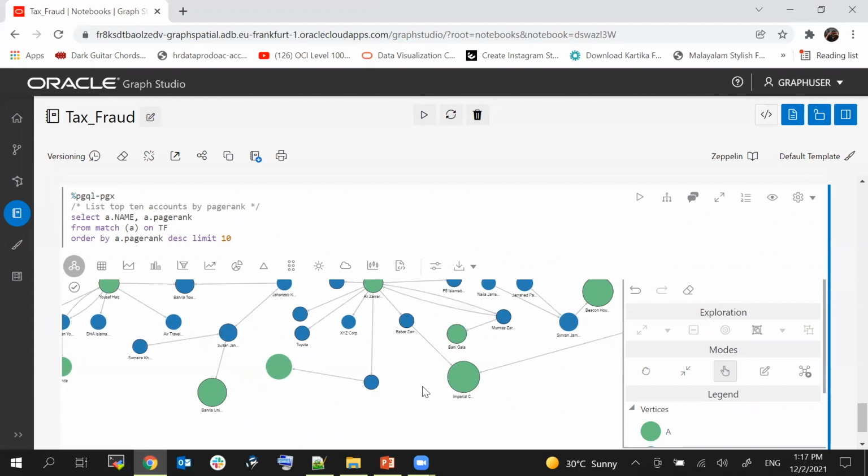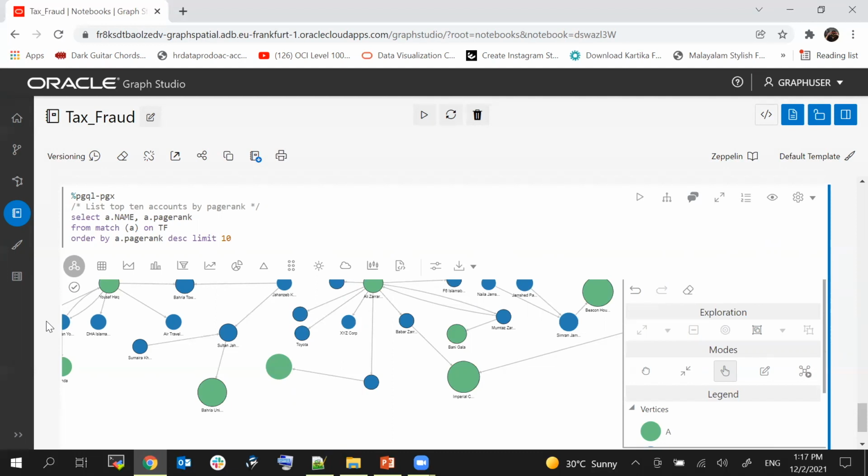This could be an indication to the government that most people are trying to invest in a very specific type of property or in a specific type of geography. It could give multiple insights to an investigative agency which they may not have really thought about using traditional analytics. These algorithms can also help you identify communities using the community detection algorithm.